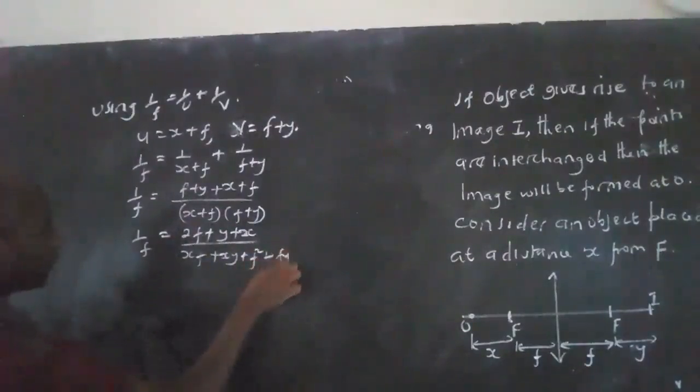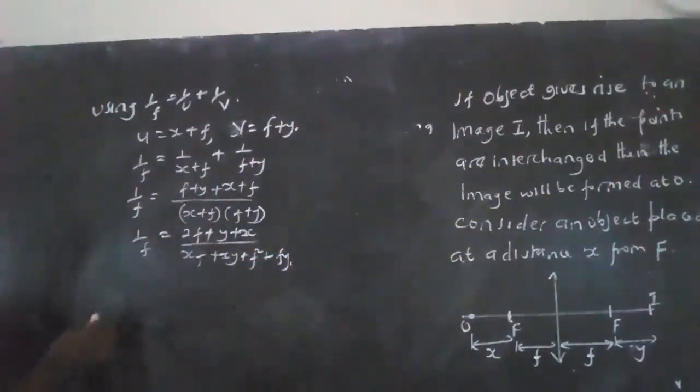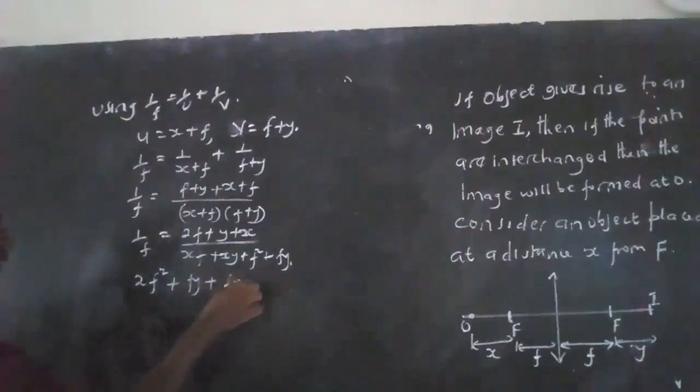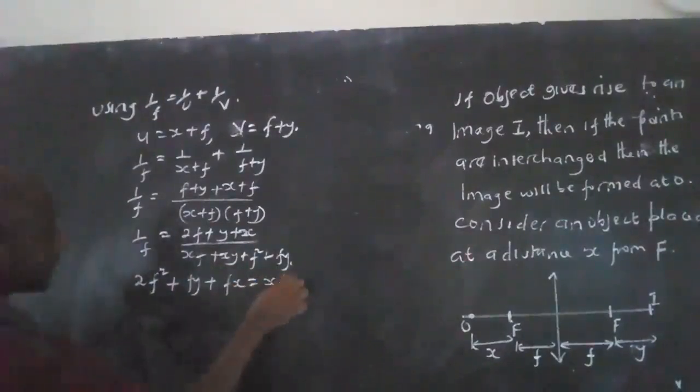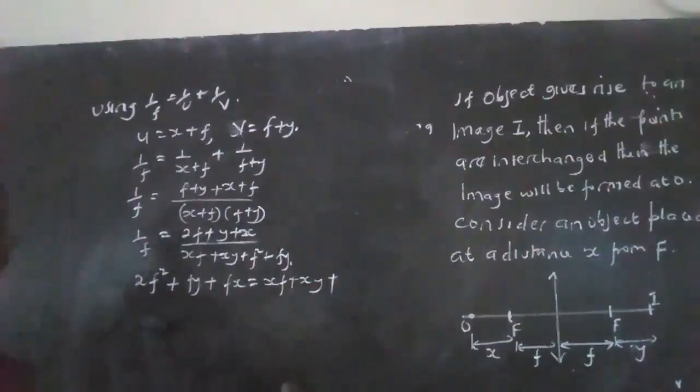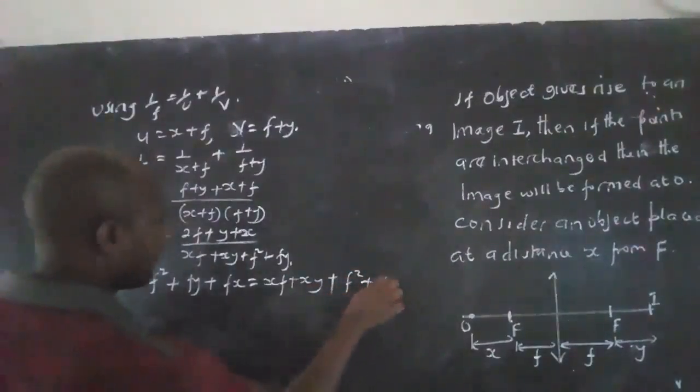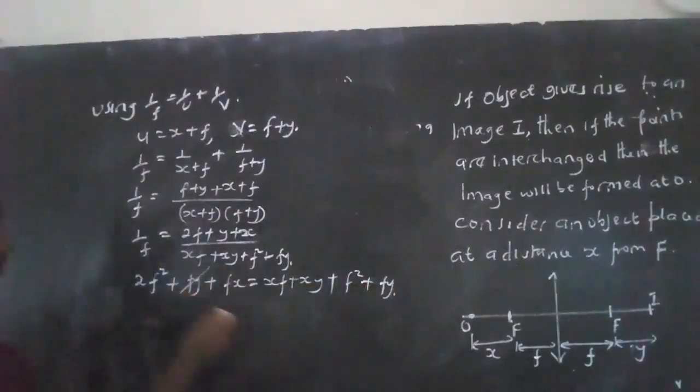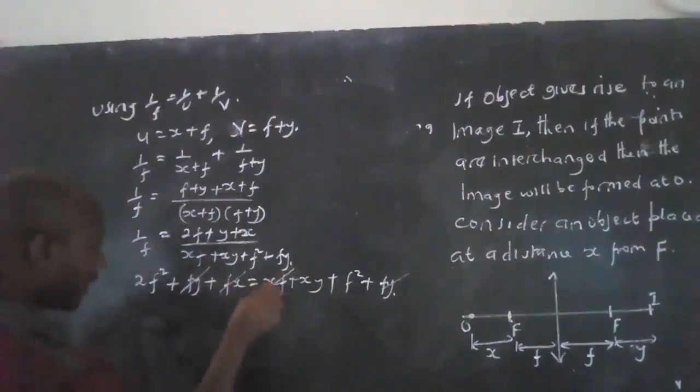Cross multiplying, we have 2f squared plus fy plus fx, giving us xf plus xy plus f squared plus fy. You realize that this cancels with this, and this also cancels with that.